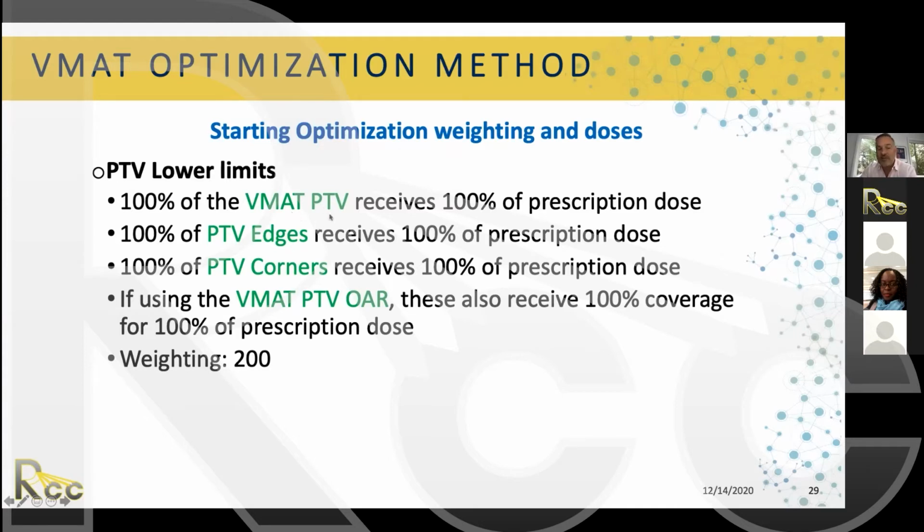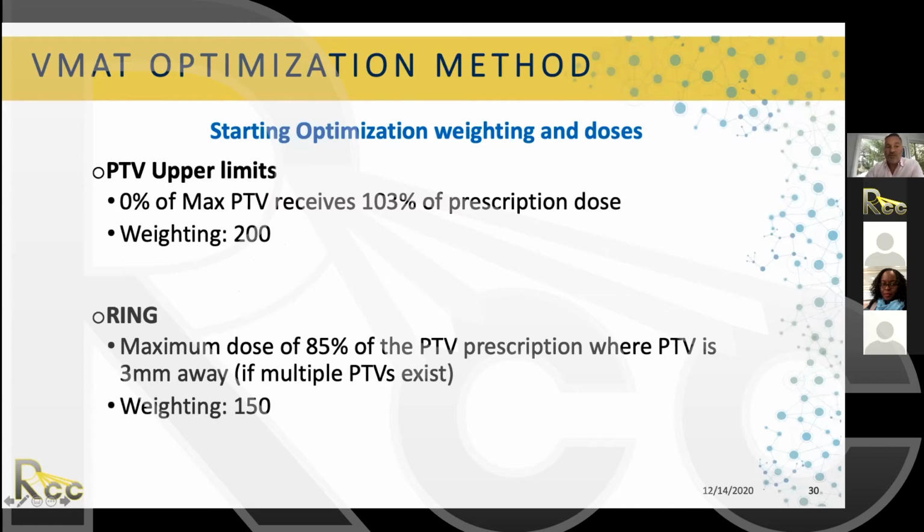So you're going to start putting PTV lower limits on all these structures that we talked about before, like the VMAT PTV, the edges, the corners, and the VMAT PTV ORs, like the ones where we take out, for example, the parotid glands. Normally you start with 100% of those structures receiving 100% of the prescription dose, with a weighting, or priority, or penalty, depending on what you call it in the treatment planning system you use, of 200 for PTVs.